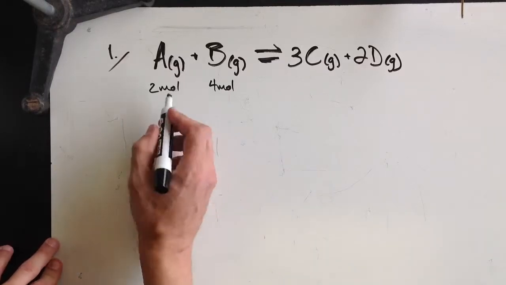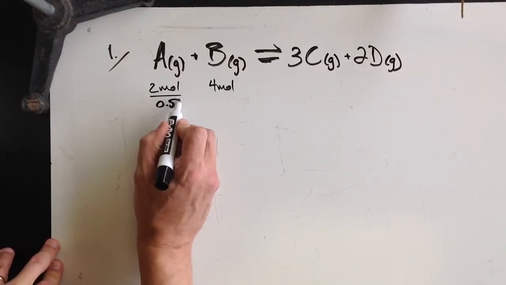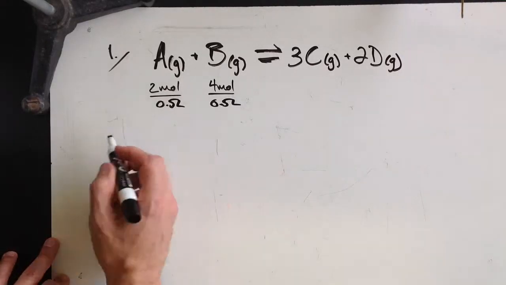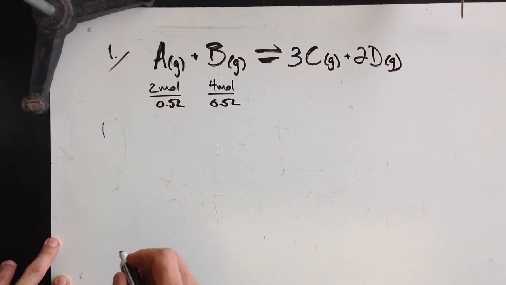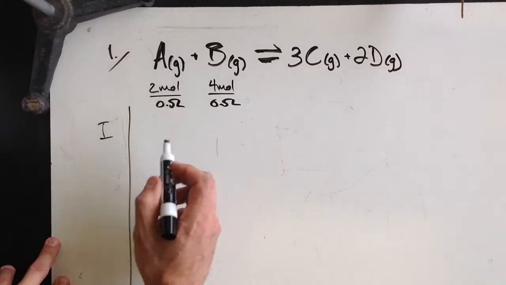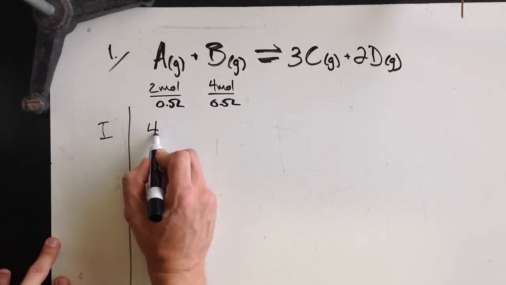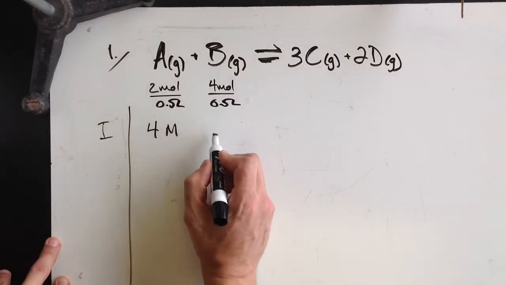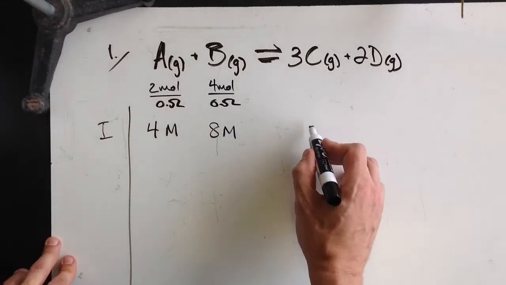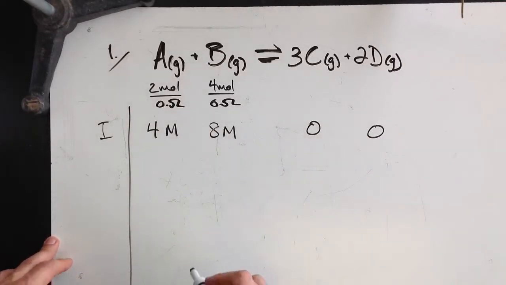My volume is 0.5 liters. So when I start my ICE table, instead of starting with 2 and 4 moles, I have a concentration of 4 and a concentration of 8. And obviously I'm starting with 0 and 0 here.